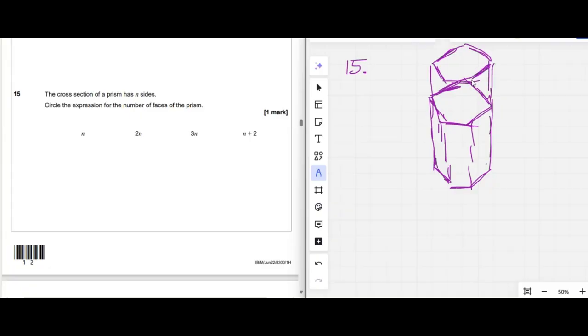Can you see it? So we have 5 faces on the sides, plus 2 being top and bottom. So if that 5 was n, then we'll be adding the number of sides being the faces on the side and then top and bottom. So n plus 2 will be our answer.